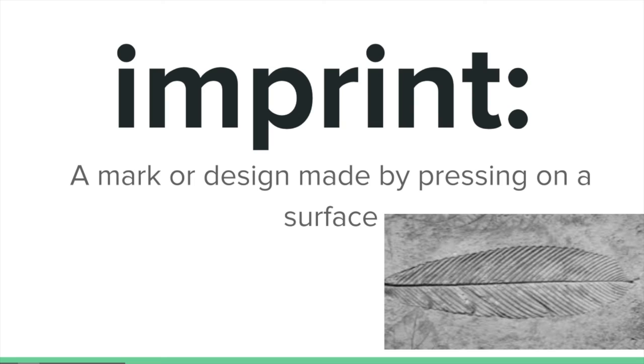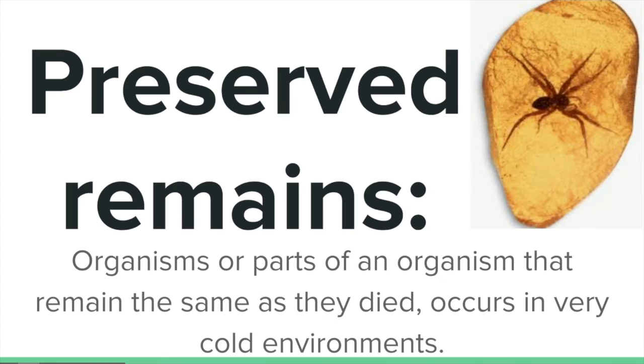There are many different types of fossils that can either show just a part of the fossil, like its footsteps, part of their body, and then there are preserved remains. Preserved remains are what usually show organisms, sometimes all of the organism or part of the organism, that remain exactly the same as they died.